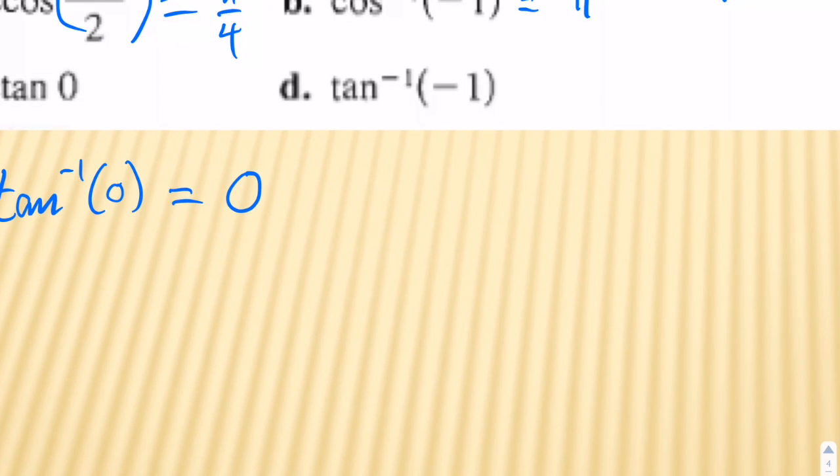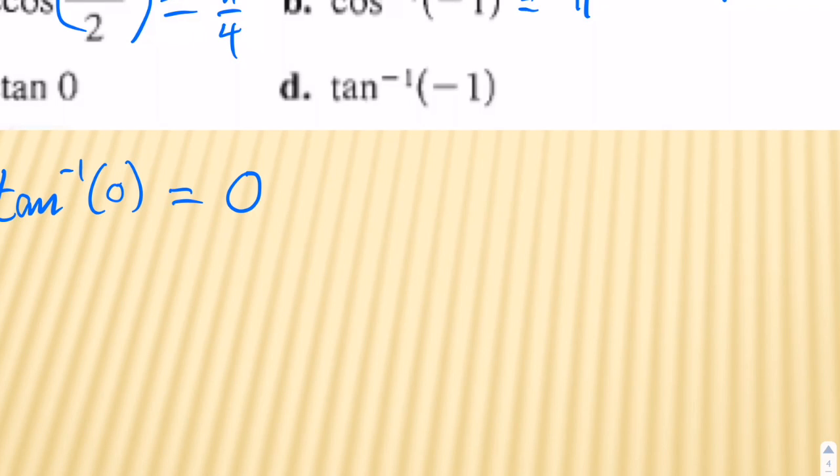And then where is tangent equal to negative 1? So if we wanted to find the inverse tangent of the ratio negative 1, we have to consider when is that true. Well, tangent is equal to 1 when the opposite is equal to the adjacent. When is it equal to negative 1?